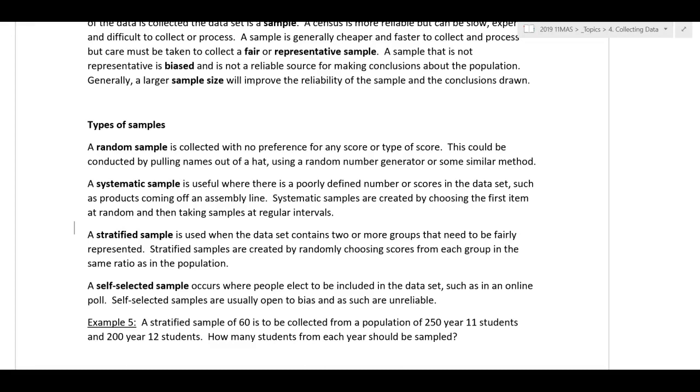Where you have people phoning in to vote, when you choose whether or not you're going to participate, it's very likely to introduce some sort of bias. Those who choose to participate are likely to have different characteristics to those people who don't choose to participate, and so you end up with a biased sample, and it's unreliable for that reason.